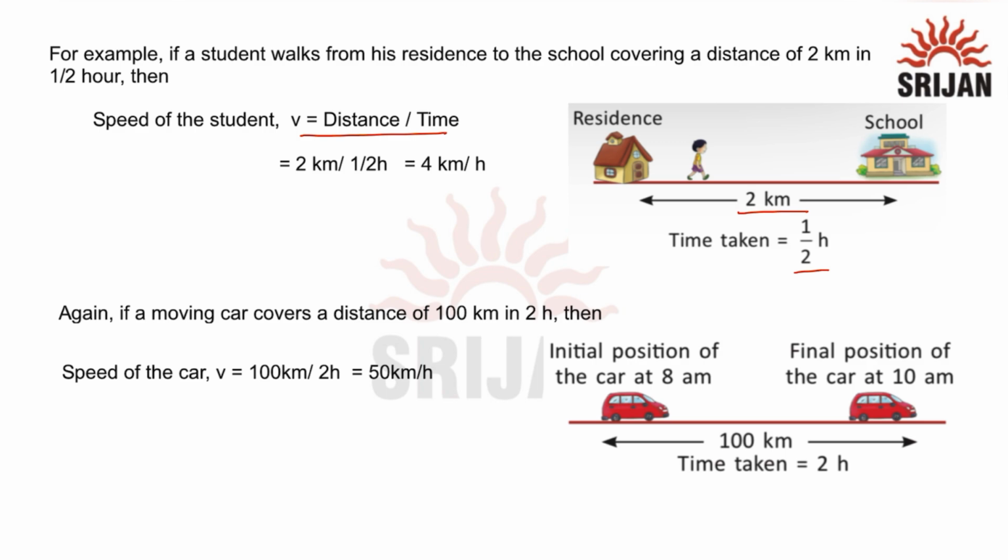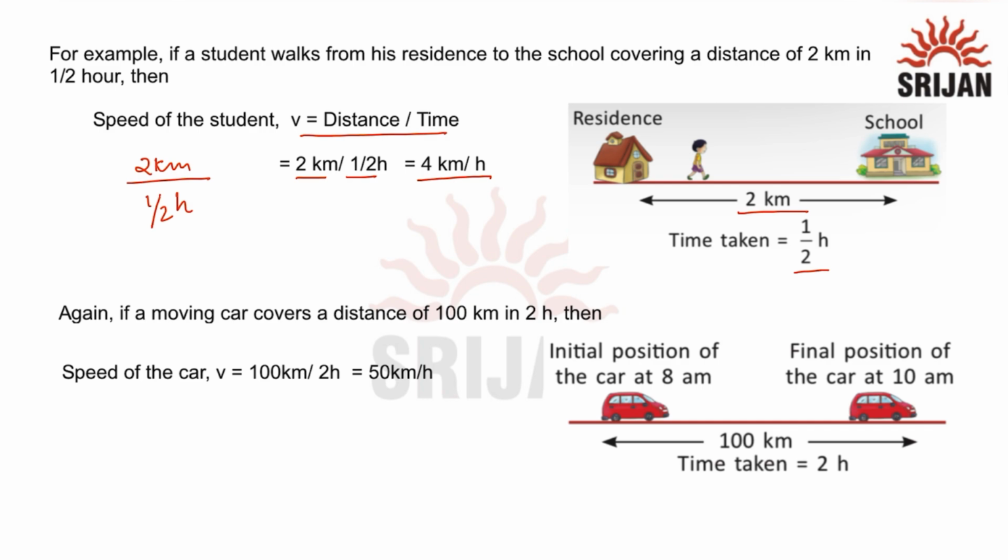Putting in the values, 2 kilometers upon 1 by 2 hour. Calculating it, it equals 4 kilometers per hour. So the speed of the student is 4 kilometers per hour.